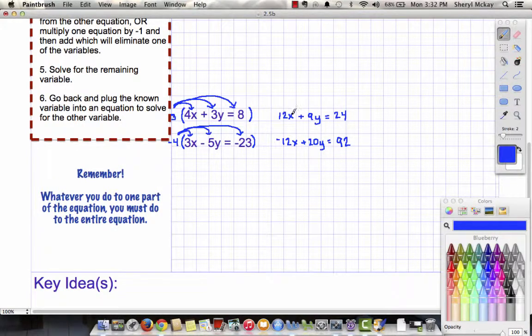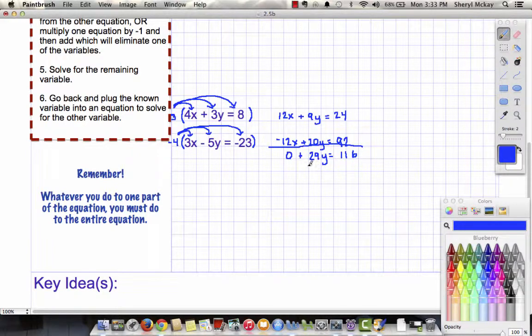Now that I have a 12x on the top and a negative 12x on the bottom, I can add these two together. And I come up with 0 plus 29y equals, let's see, 116.